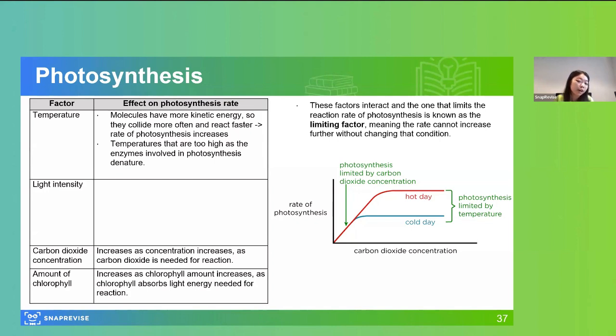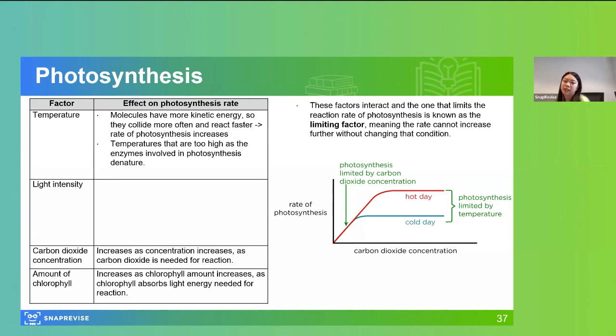Same with carbon dioxide: higher carbon dioxide concentration, higher rate of photosynthesis, because you're going to need more carbon dioxide. Amount of chlorophyll as well. If there's more chlorophyll, you're going to absorb more light energy, so you'll have an increased photosynthesis rate. So these are limiting factors.